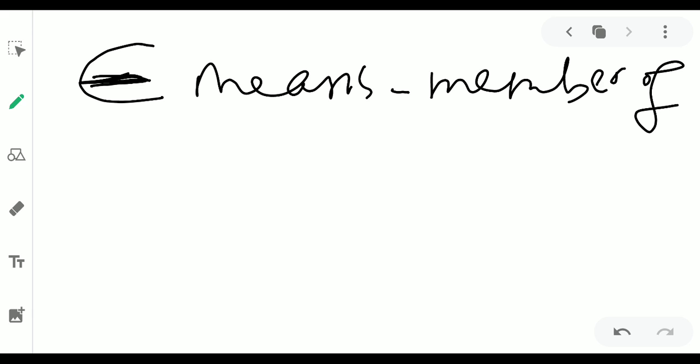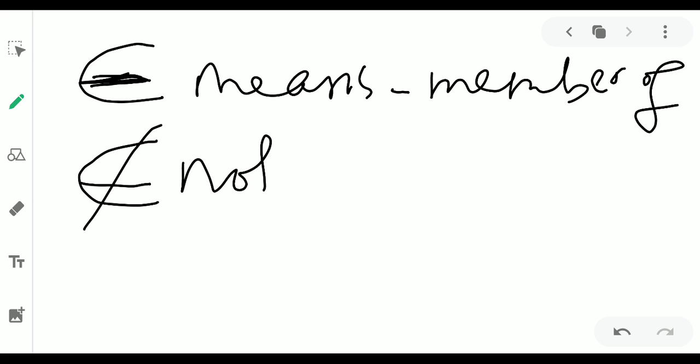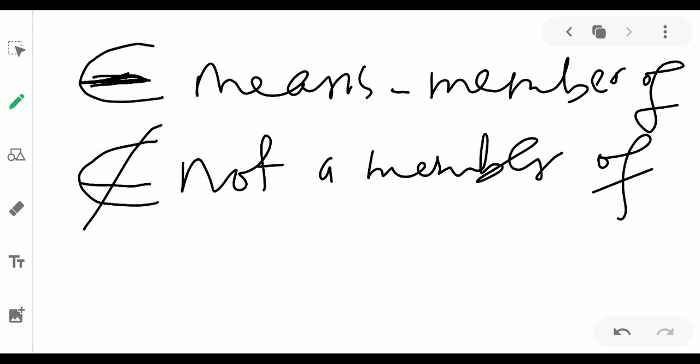And the same symbol, when you cross it, we say not a member of. So the first one that looks like E is member of, and the one that looks like E that has been crossed is not a member of.